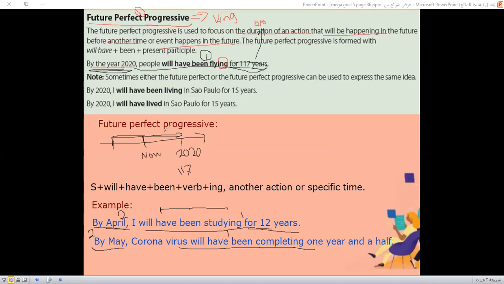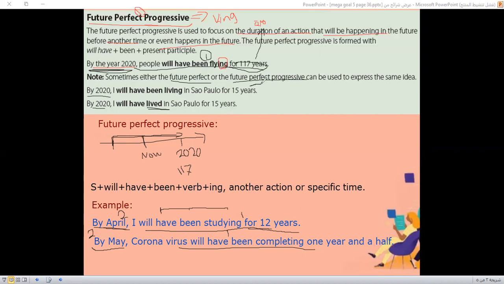There is something here, but it's not included with us in any exam: sometimes the future perfect or the future perfect progressive, we can use them in the same sentence. For example, by 2020, I will have been living in Sao Paulo for 15 years. And also by 2020, I will have lived, which is the future perfect, in Sao Paulo for 15 years.